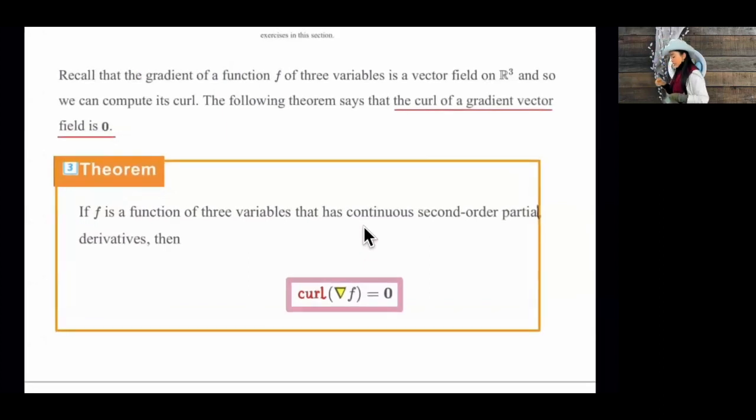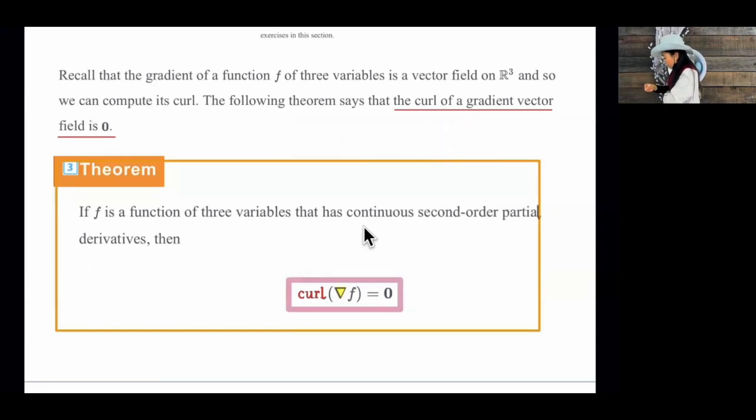Now we call that the gradient of a function of three variables is a vector field on R3. Remember when you take the gradient of a function, this is going to have three components: partial derivative with respect to x, with respect to y, with respect to z.